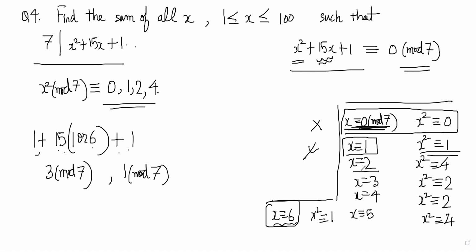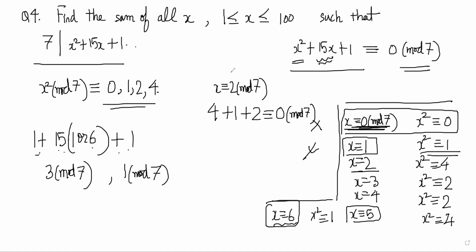Then you look at x equal to 2 and x equal to 5 together, right? If x is congruent to 2 mod 7, what happens? X square is congruent to 4, plus 1, plus 15 into 2, 30, and 30 will become basically 2 mod 7. So notice that it is becoming 7, or 0 mod 7, right? So definitely this works.